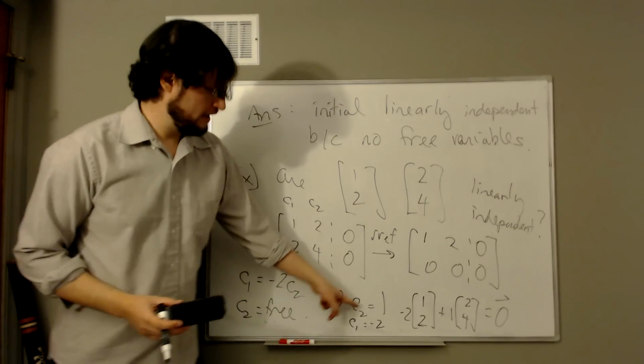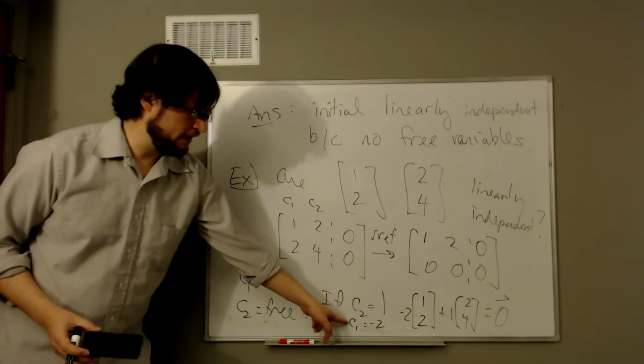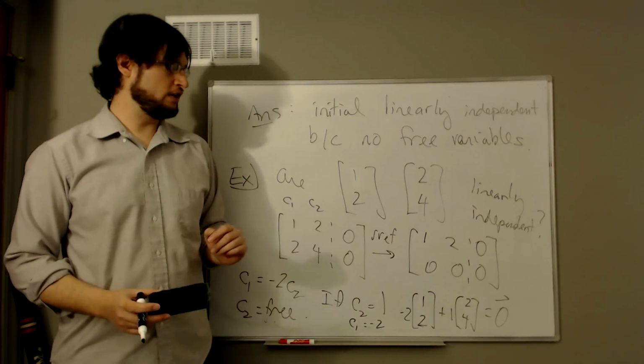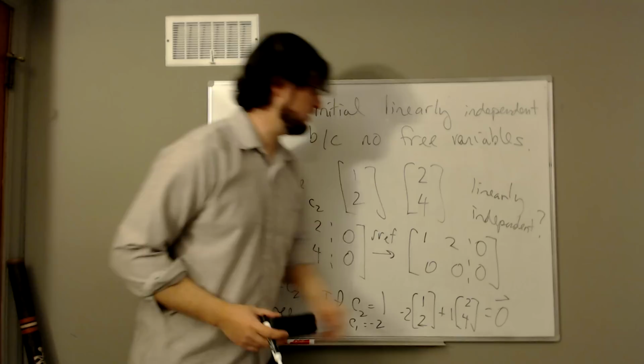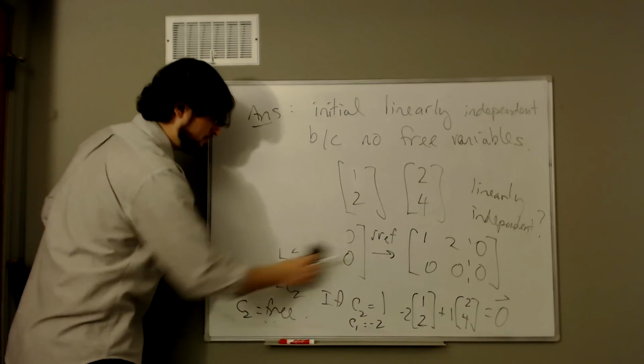I could have chosen anything else for C2, because C2 is free, calculated C1, put those two values there, and we still would have gotten a solution of Ax equal to 0.